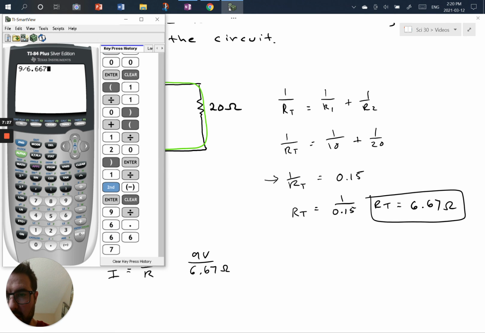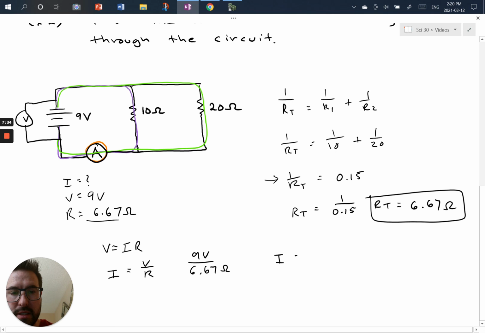Sure, that's good enough. And I get 1.35. So my total current is 1.35 amps. And maybe I should only have 2 sig digs here. If that was the case, then I would have 1.4 amps.